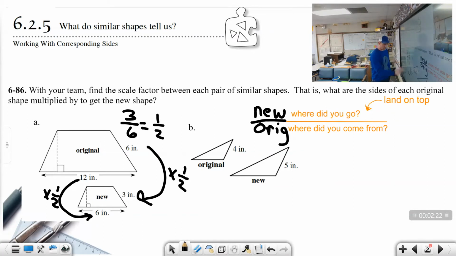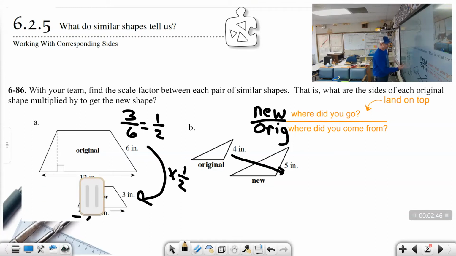If you know you've got the right-hand side, you can just write a fraction. 3 over 6 simplifies into 1/2. Sometimes it's really easy just to look and see and know. But problems are not always as straightforward. We don't know what the multiplier is. I want you to focus on the sides that correspond.